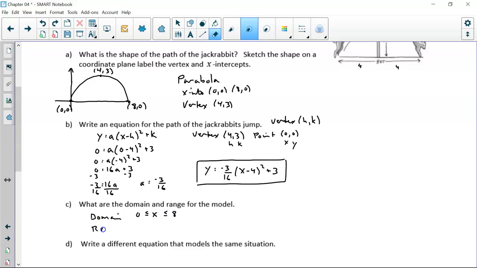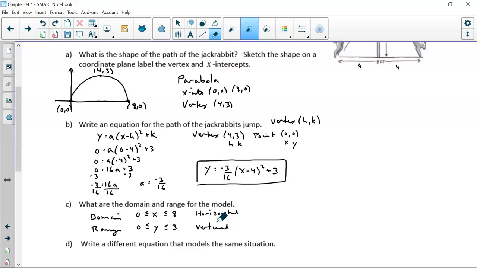And our range, just for this model, is between 0 and 3. So 0 less than or equal to y less than or equal to 3. The y is for our vertical. You jump 3 feet off the ground.